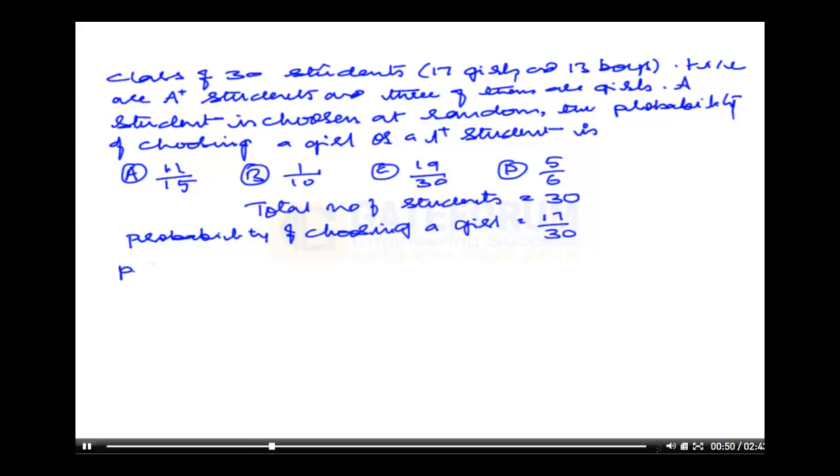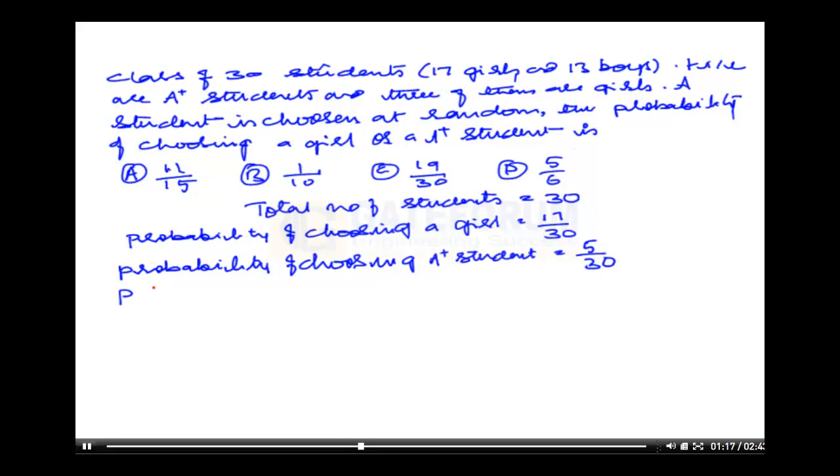The probability of choosing an A plus student is 5 by 30, because 5 are A plus students.